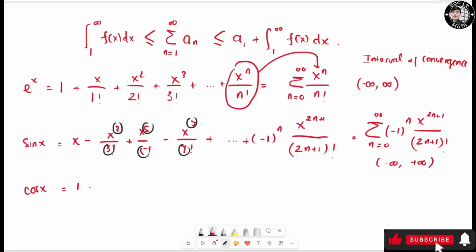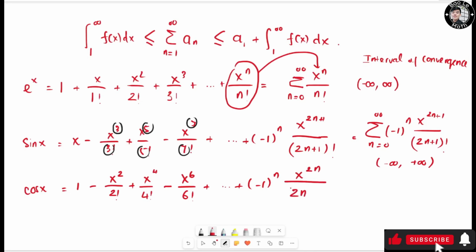Cosine s equals 1 minus s squared over 2 factorial plus s to the 4 over 4 factorial minus s to the 6 over 6 factorial plus etc. plus negative 1 raised to the n times s raised to the 2n over (2n) factorial plus etc. It's actually the sum of negative 1 raised to the n, s raised to the 2n, over (2n) factorial, when n goes from 0 to infinity.